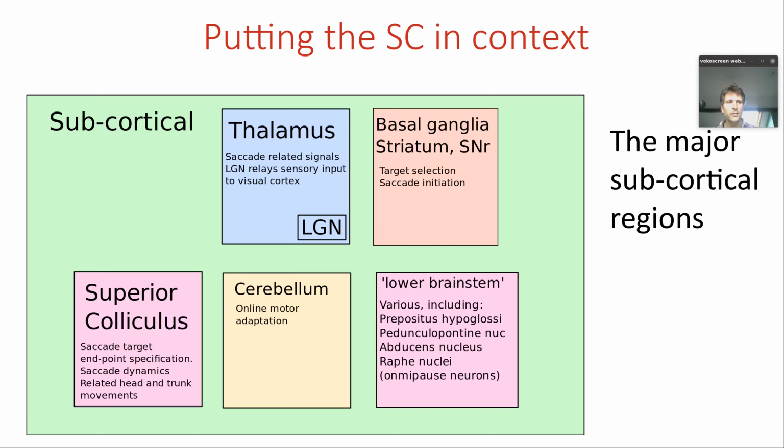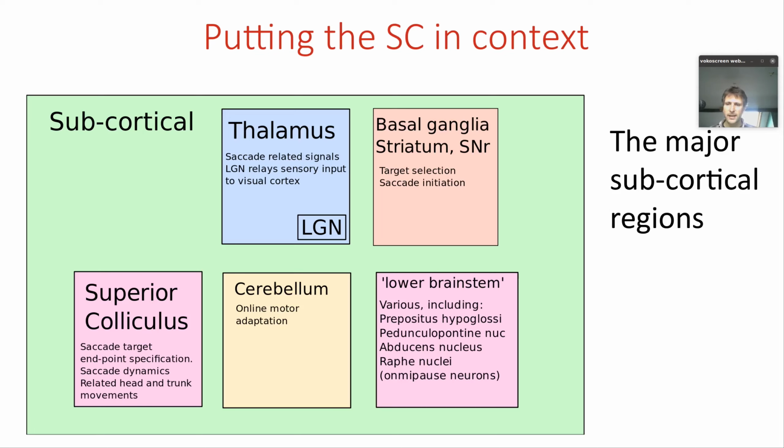You can also look at their follow-up paper in which they discuss whether the movement that the colliculus is encoding is an optimal movement. That's quite an interesting paper. It's from 2012, I think, so you can look that up. Same authors. And it's involved in head and trunk movements. Superior colliculus is involved in head and trunk movements.